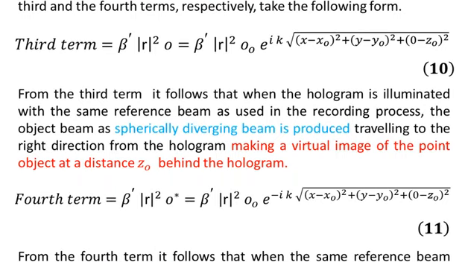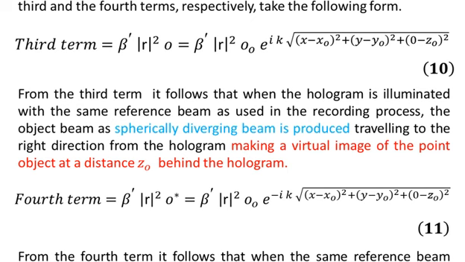From the third term, it follows that when the hologram is illuminated with the same reference beam as used in the recording process, the object beam as a spherically diverging beam is produced. So you see that in the third term, we are using a beam which is identical to the reference beam in order to illuminate that object.